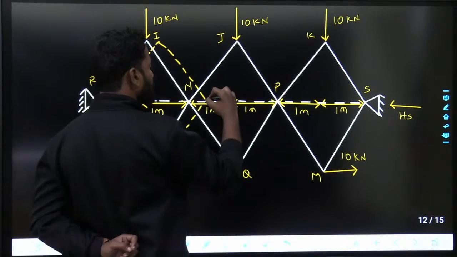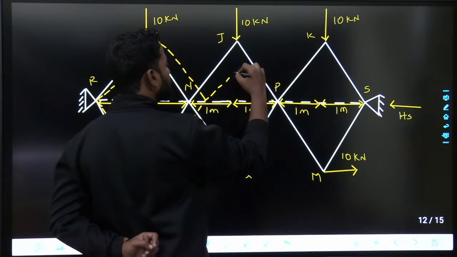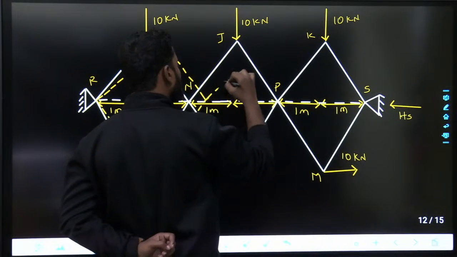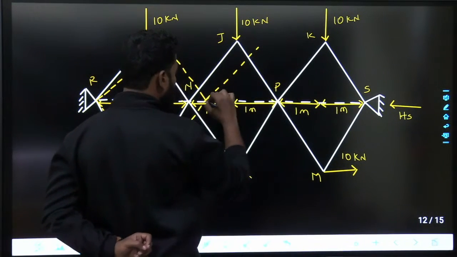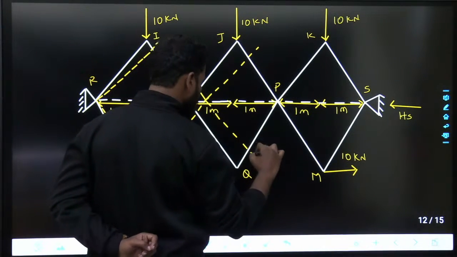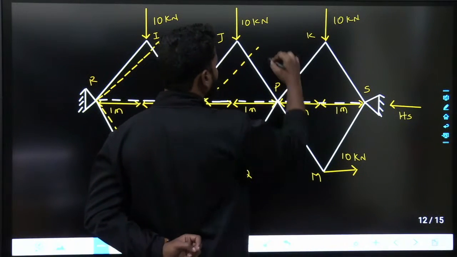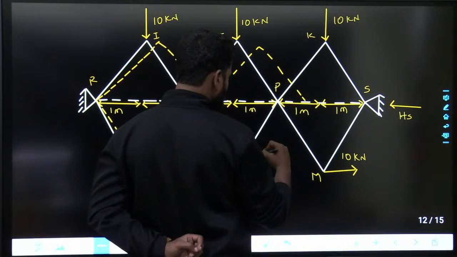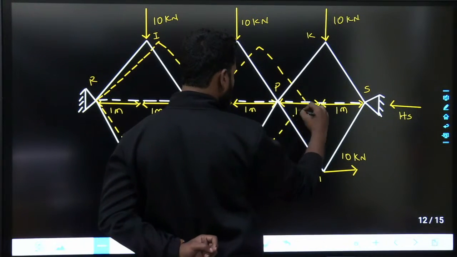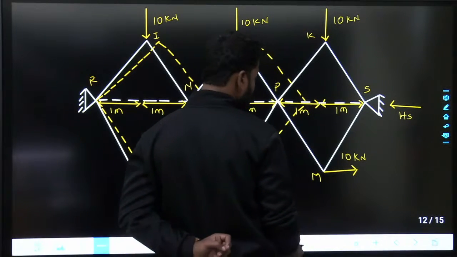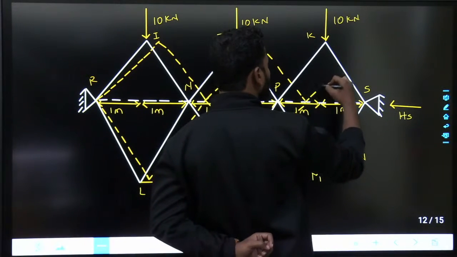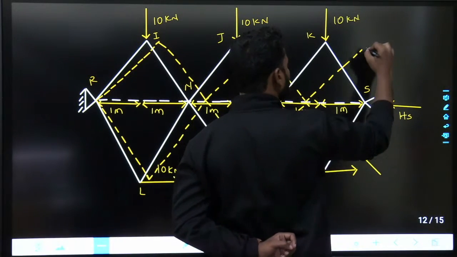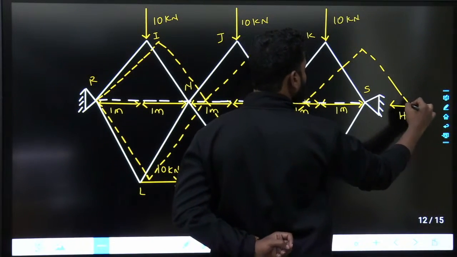Next, joint J will move something like this. Fine. So joint P will move something like this. Now finally joint S, joint K, joint M, joint S.